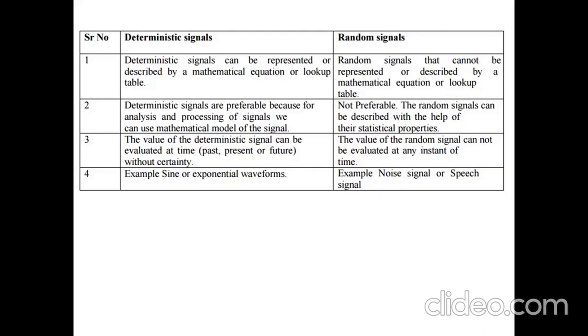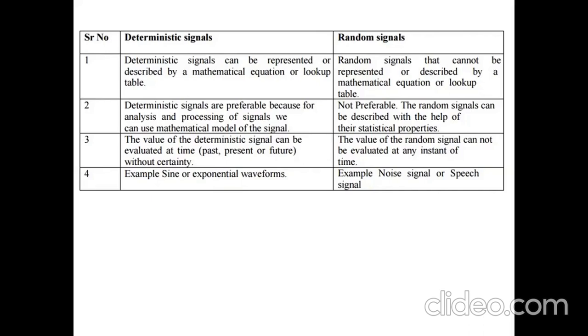Deterministic signals are preferable because for analysis and processing of signals, we can use a mathematical model of the signal. Random signals are not preferable because they can only be described with the help of their statistical properties.